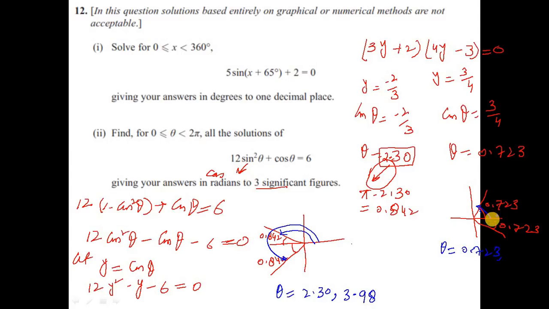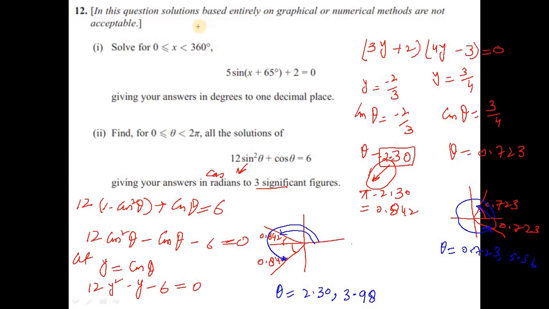My second solution is this angle, that means 2 pi minus 0.723, so my second solution is 5.56 radians.